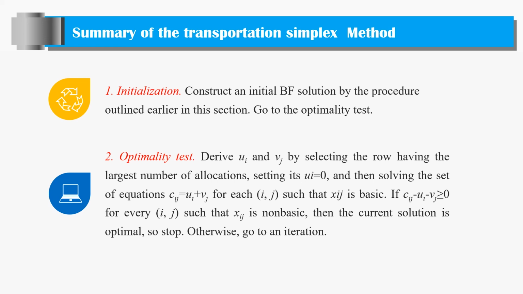Then if the value of Cij minus Ui minus Vj for every non-basic variable is no less than 0, the current solution is optimal and we stop. Otherwise, go to the iteration. This is the optimality test process.